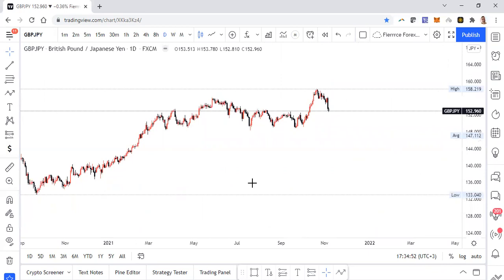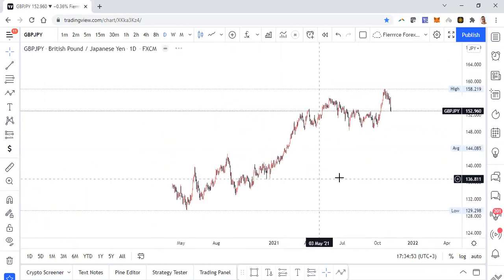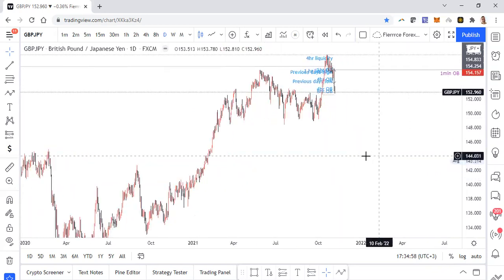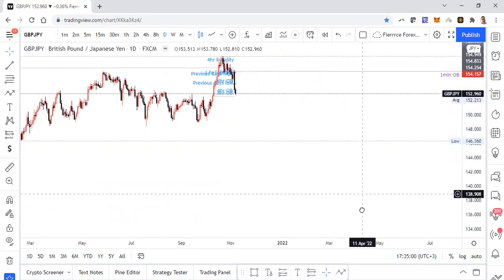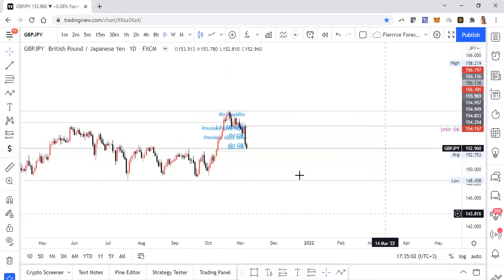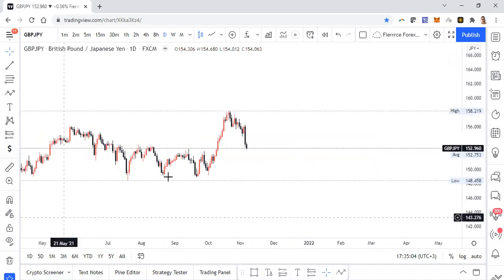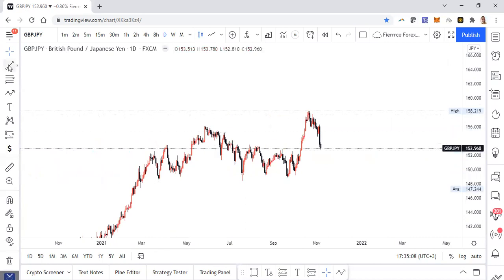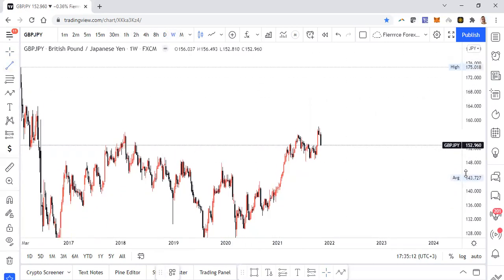Let me look at GBP JPY, another favorite pair of mine that I like to trade when I'm not trading, let's say, gold or the indices. So what we see, like I said last week, GBP pairs kind of tanked. This is on the daily, on the weekly, just because I like to look at the weekly.